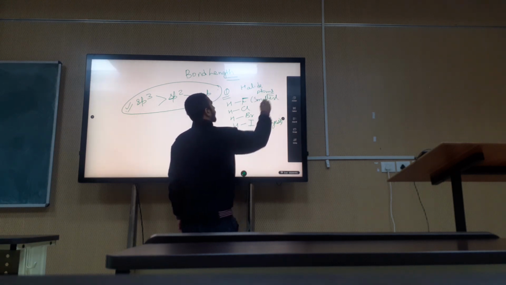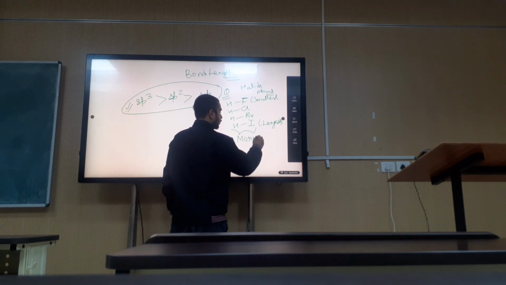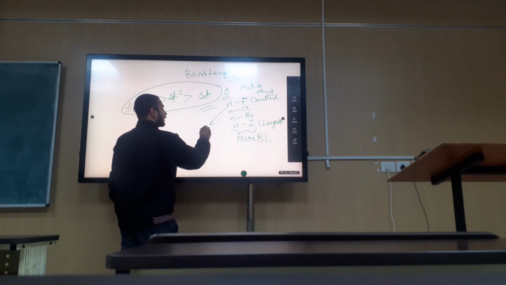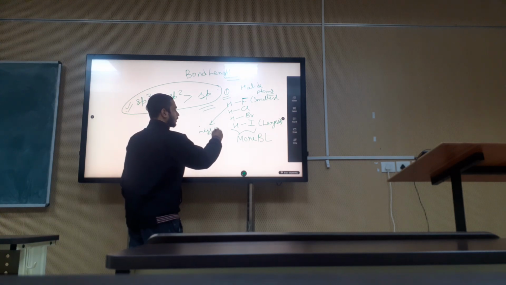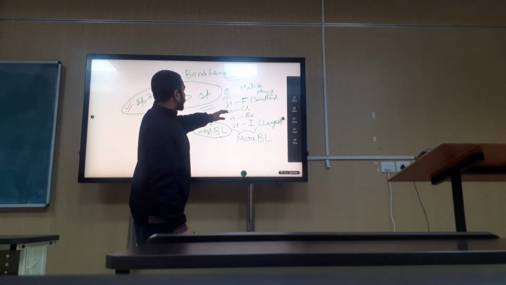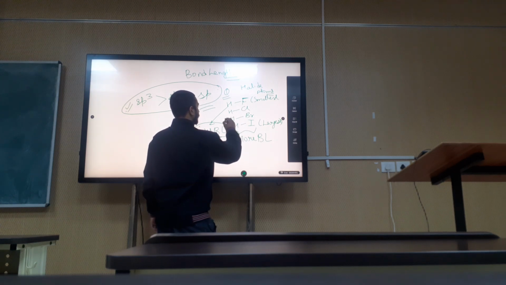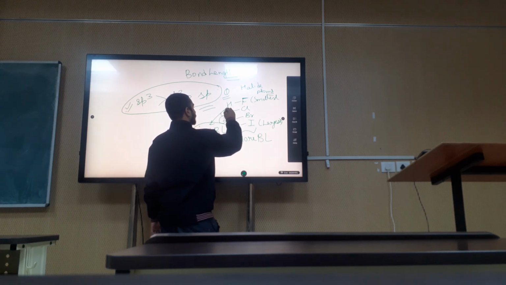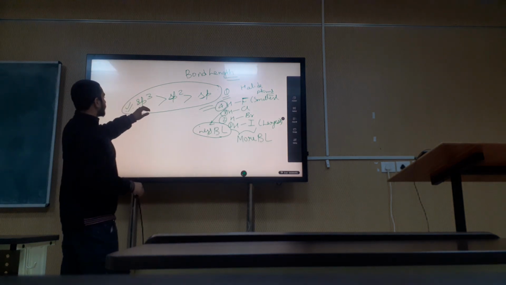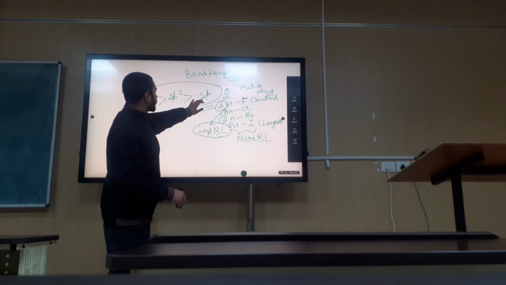So this has the largest size, so the bond length will be more. And this is the smallest size, so it has a less bond length. So the bond length will be largest for this one, this will be second, this third, and this fourth. So in the hybridization, for sp3, sp2 and sp, the bond length order is first, second and third.